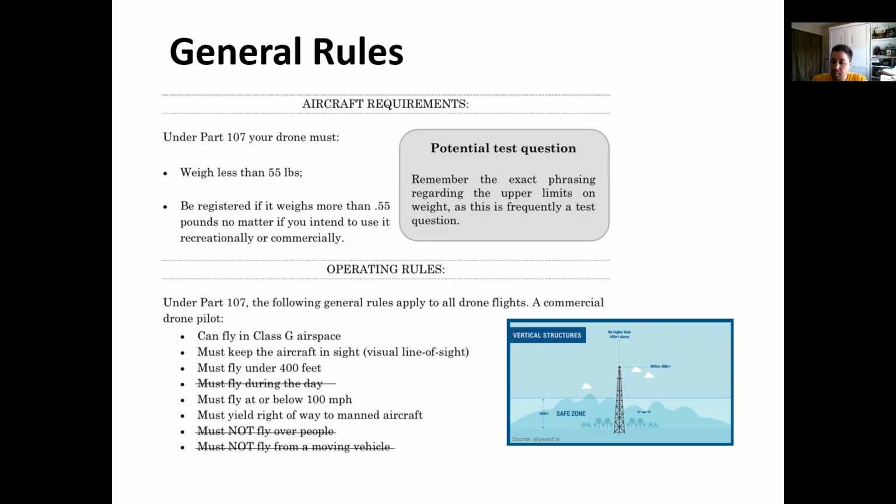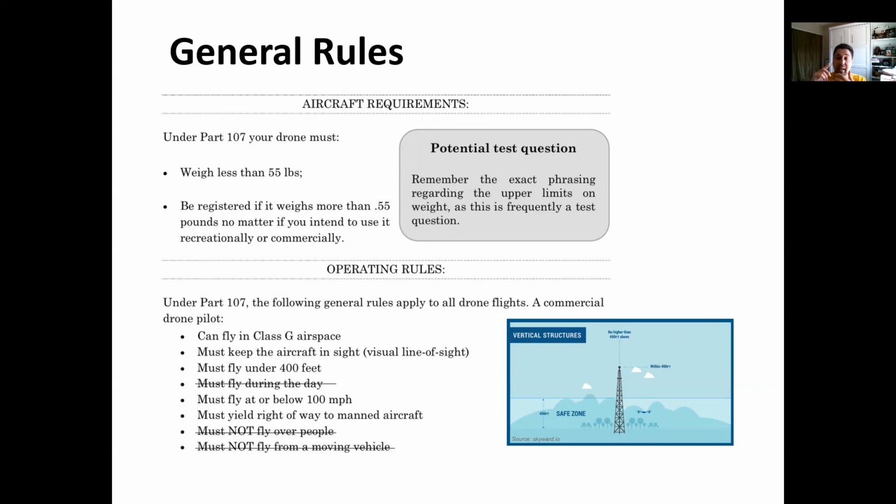You must keep your aircraft within visual line of sight. Visual line of sight means you or your visual observer, somebody standing next to you, or somebody communicating with you, could be on a radio or a phone a distance away.